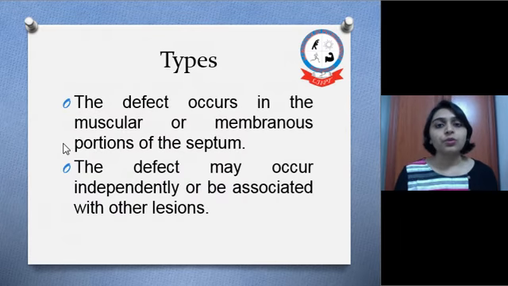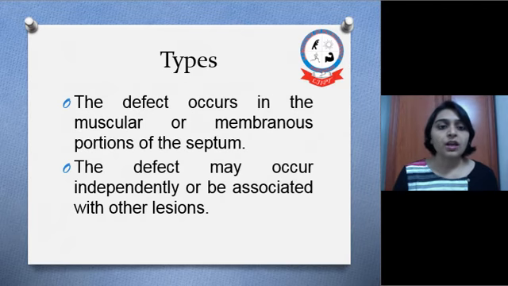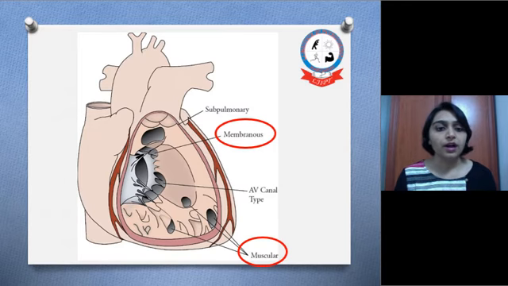So there are two types, according to where the defect is occurring in the septum. The defect occurs in the muscular or membranous portion of the septum. The defect may occur independently or be associated with other lesions also, like involvement of any valvular heart disease.